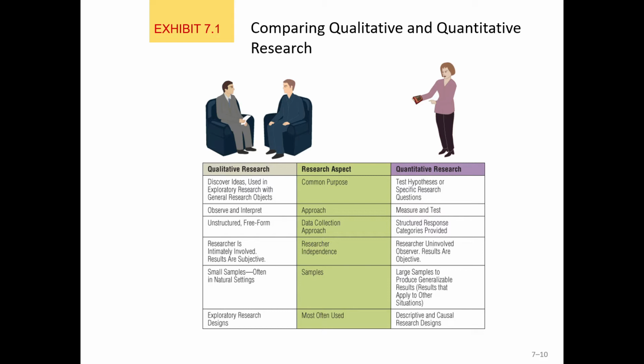In contrast, qualitative researchers are more interested in observing, listening, and interpreting. The researcher is intimately involved in the research process and is constructing the results. So qualitative research is said to be more subjective, meaning that the results are researcher dependent. Different researchers may reach different conclusions based on the same interview.